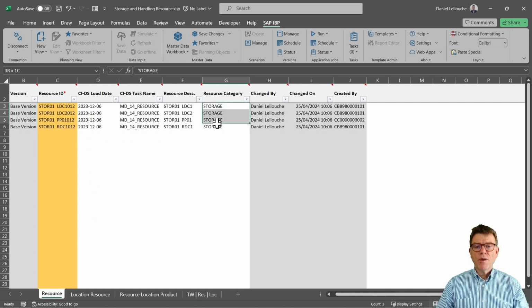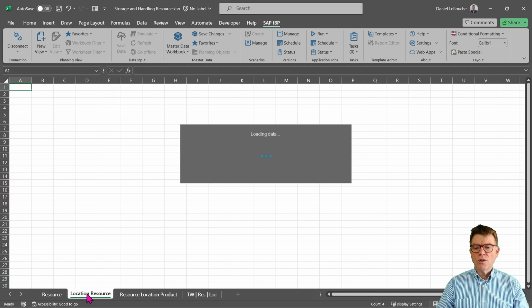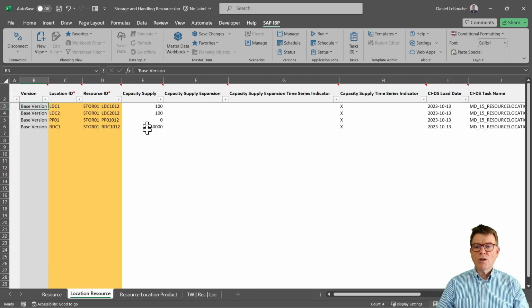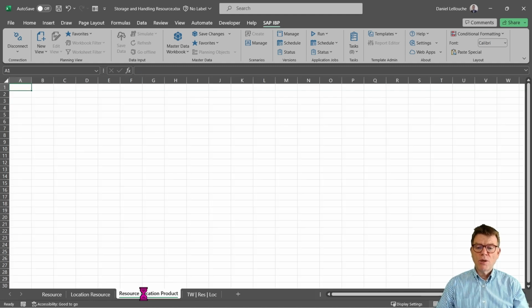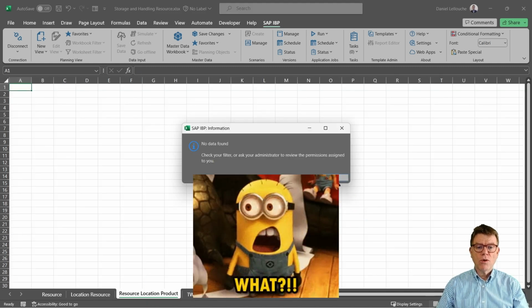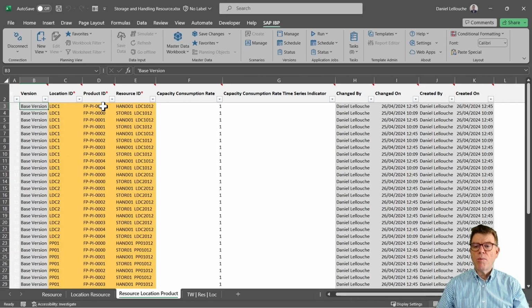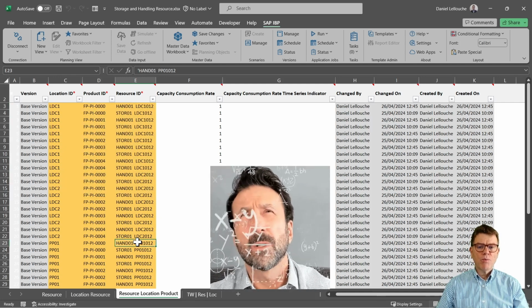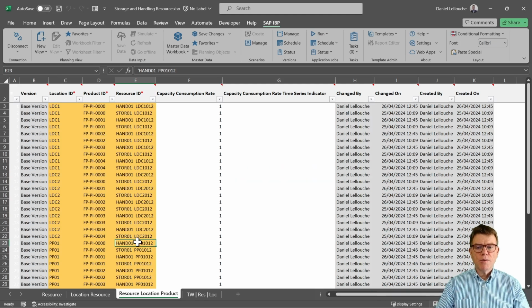And in the model, due to the SCM labs, we see that we have some easy reading elements like storage space, storage types, location resource, where you define the combination with resource and location, and you have to maintain the resource location product. And we see that here for our product, we are using the storage or the handling, or both, of course, in each of our 4 locations. You see, it's a long way to go before you have the proper data setup to run.